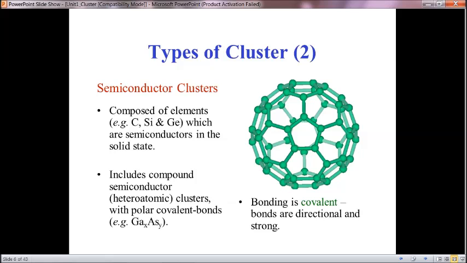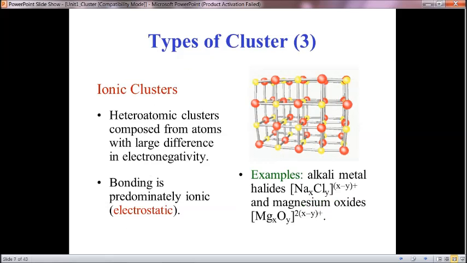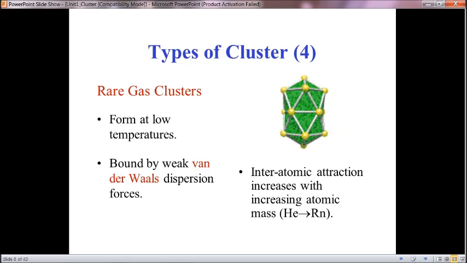The next type is ionic clusters. Heteroatomic clusters composed from atoms with a large difference in electronegativity are included within it. Here the bonding is predominantly ionic, which is electrostatic, and the examples are alkali metal halides like sodium chloride and magnesium oxide.